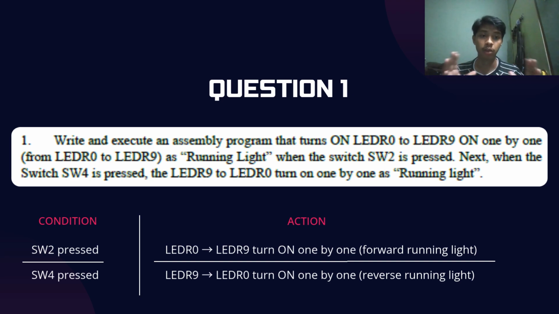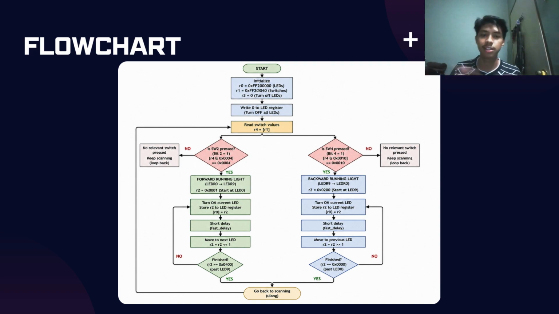Then we go to our flowchart. So here's our flowchart of this lab. Firstly, we start the program and then we need to initialize the main things in this lab, which are the LEDs and switches.